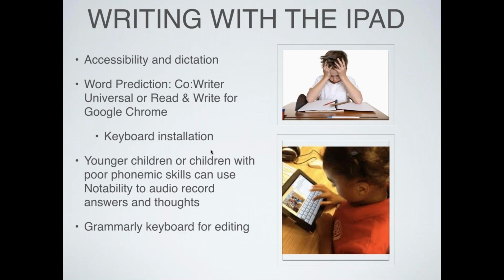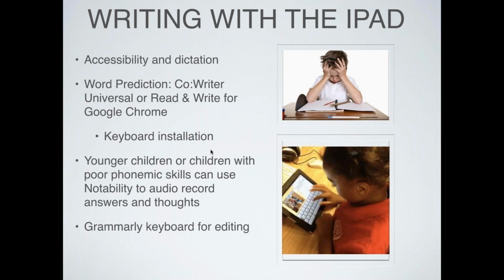Know the difference between the two is that Co-Writer Universal allows you to select a topic dictionary, and at this time, Read and Write does not. It's going off of an algorithm for phonemic and contextual support. So the more you type about a certain topic, Read and Write is going to get a little bit smarter with you.